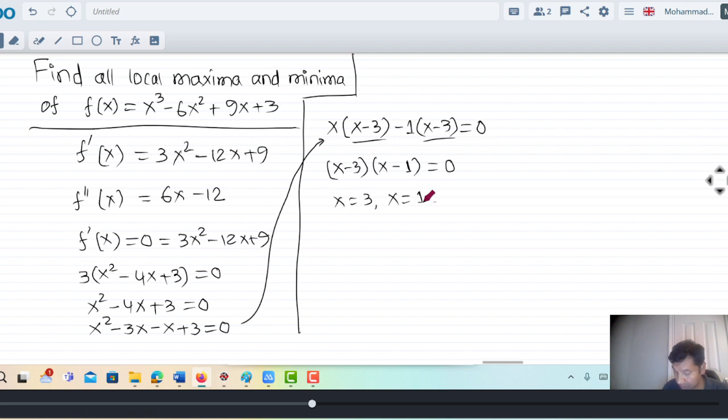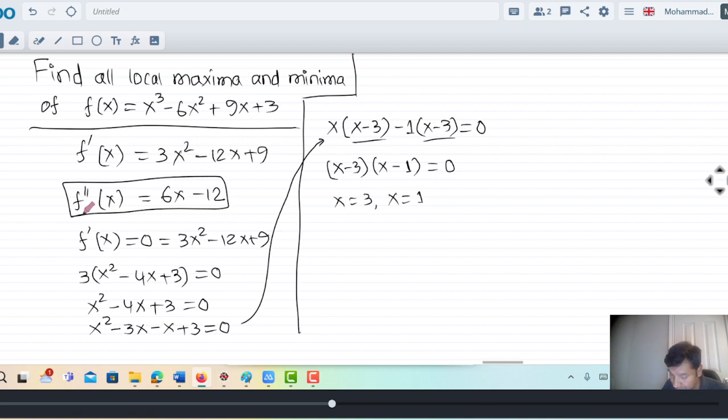To determine which critical number is a maximum and which is a minimum, we need to check the second derivative. If the second derivative is positive for a critical number, then the critical number is a minima, and if the second derivative is negative, then the critical number is a maximum.